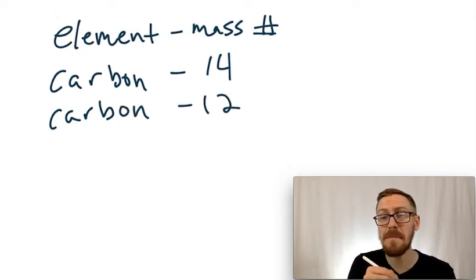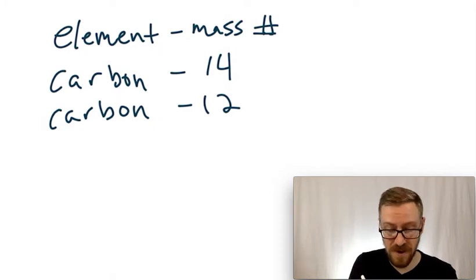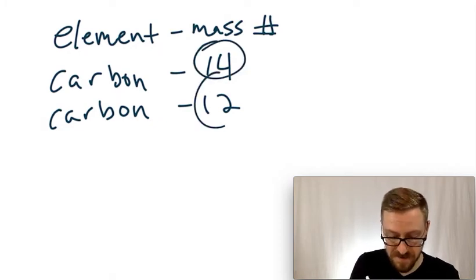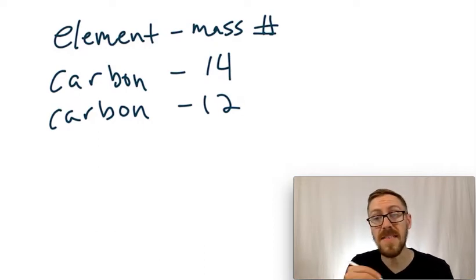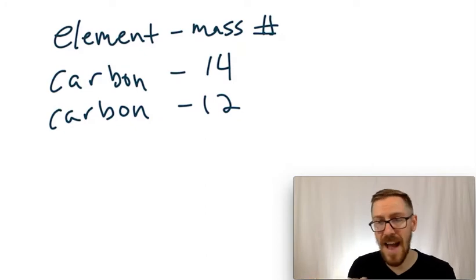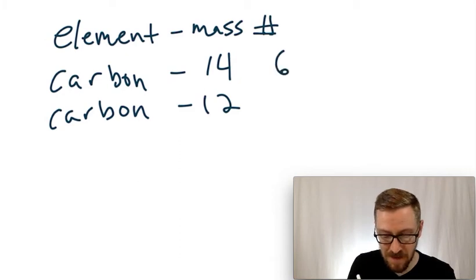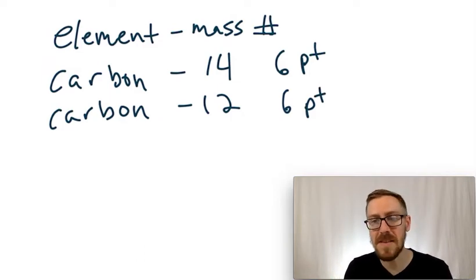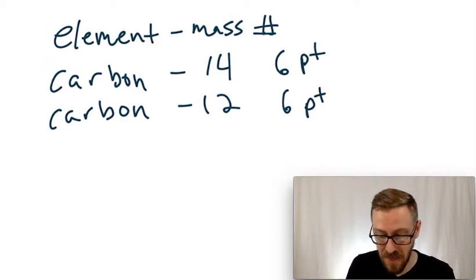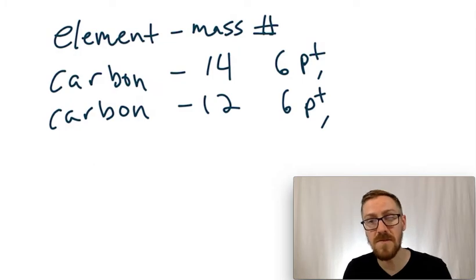So these are the same element, but they have different mass numbers because they have different numbers of neutrons. So every atom of carbon, if you looked it up on the periodic table, you'd see that it's number 6. So both of these atoms have 6 protons. That symbol P plus just means protons, but they have different numbers of neutrons.